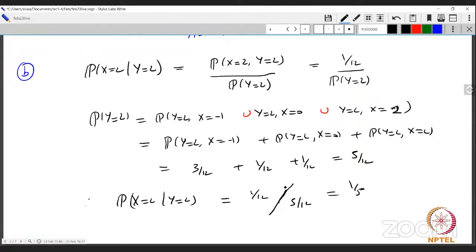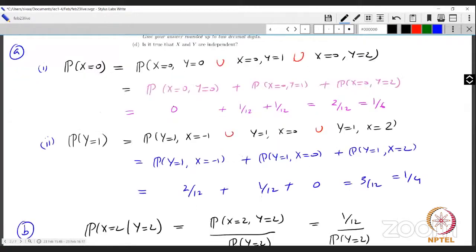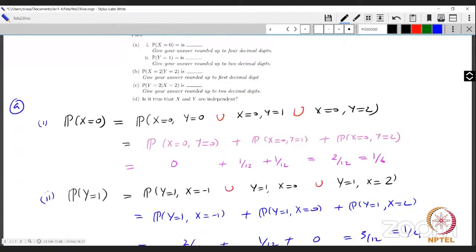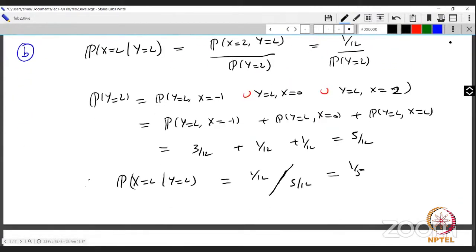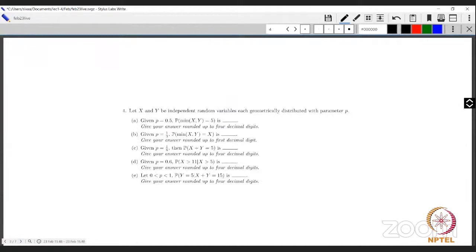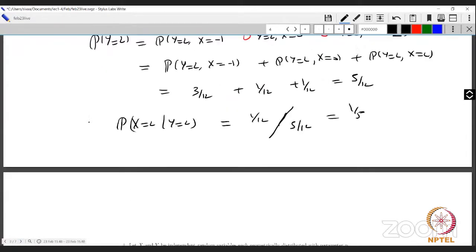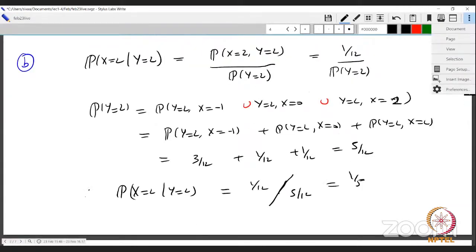Okay. So now let's do the last two parts. What do the last two parts say? Part C says I have to find y equal to 2 given x equal to 2. So how does one do that now? The same way. Let me insert a new page after.